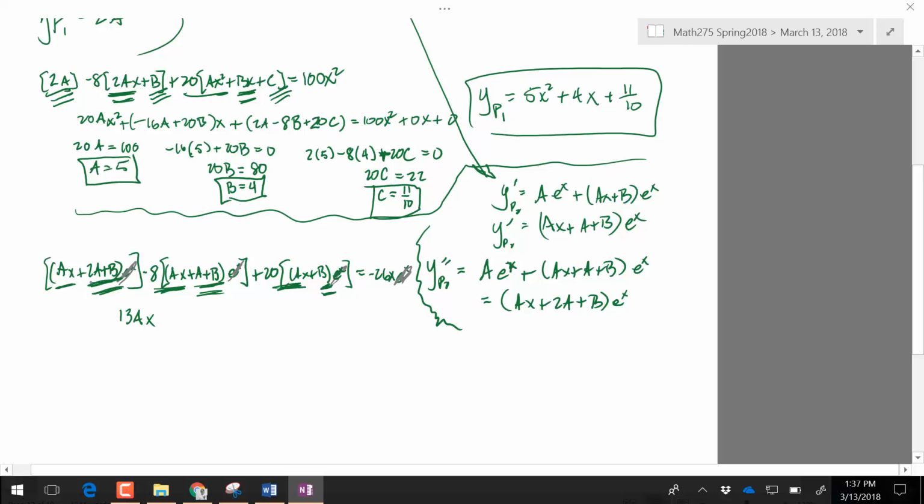We got 2a minus 8a is negative 6a. There's no a to add with the 20, so negative 6a. And then the b's. There's a b, b minus 8b is negative 7b, plus 20b, 13b again.